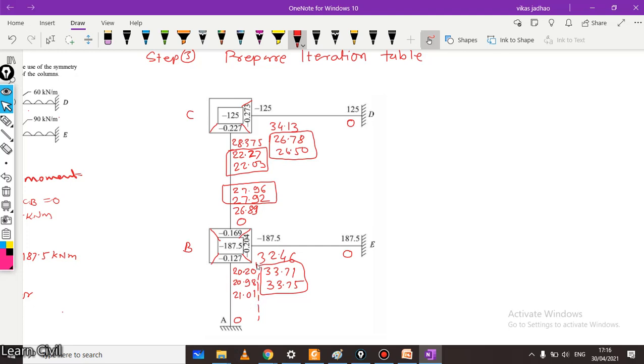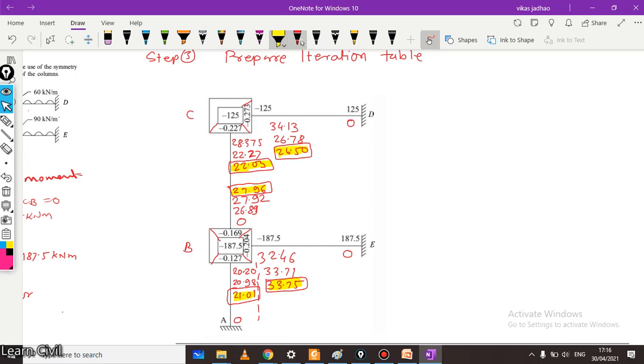Therefore we can consider these as our final rotation contributions for the corresponding members.